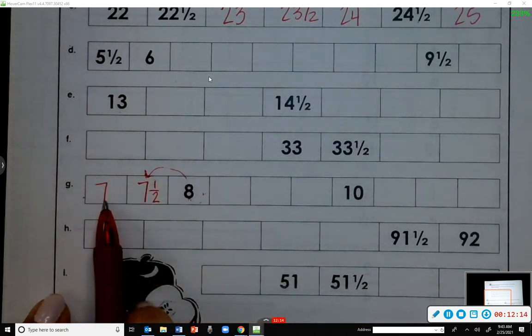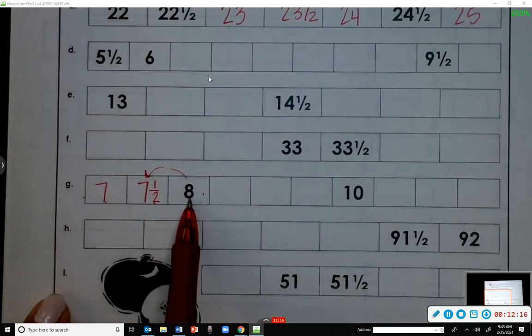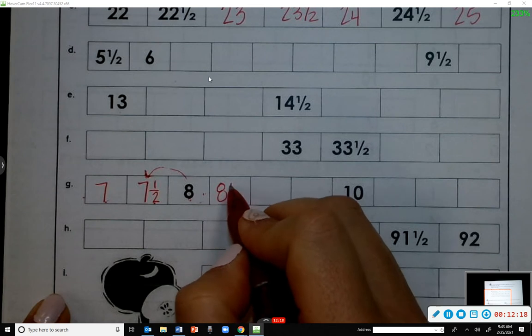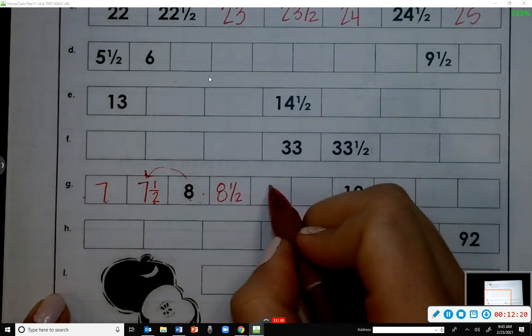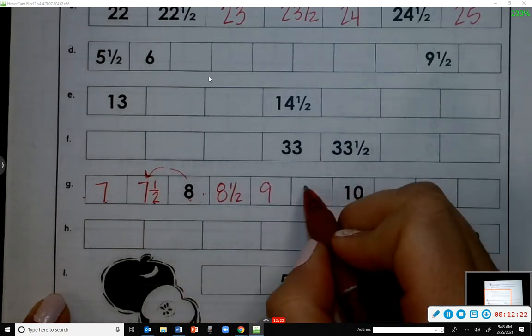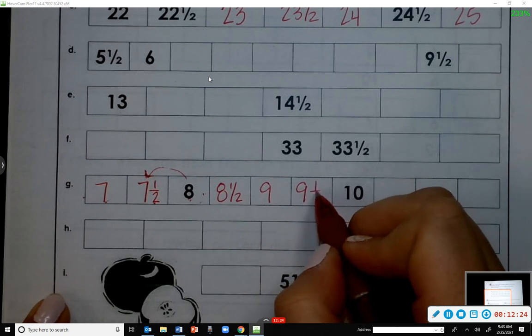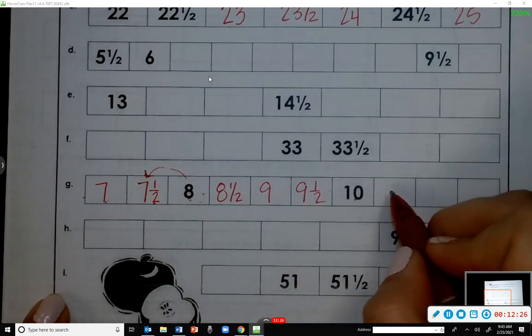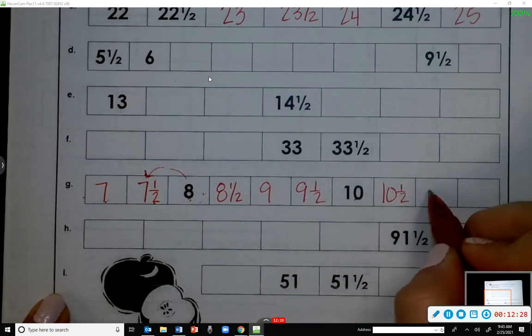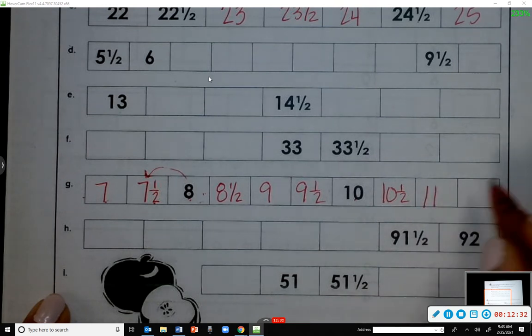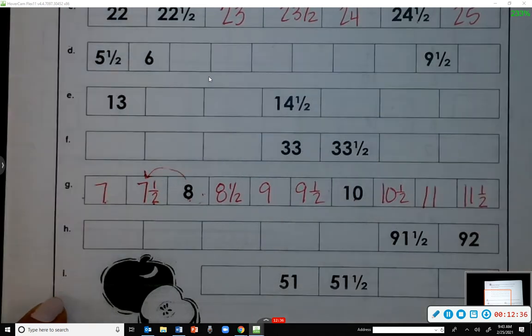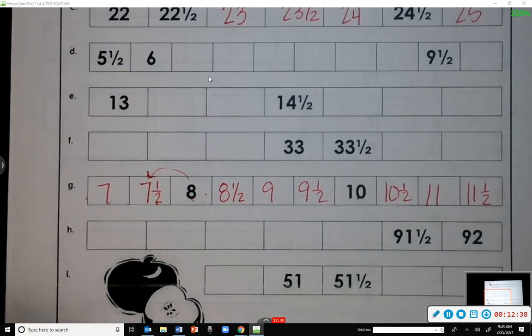Okay, so 7, 7.5, 8, 8.5, 9, 9.5, 10, 10.5, 11, 11.5. Good. All right, so I'm going to leave the rest of those for y'all to do.